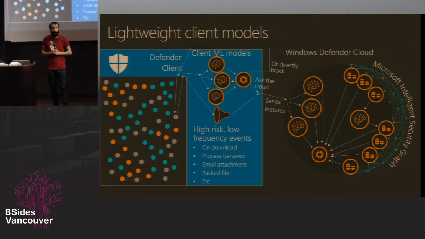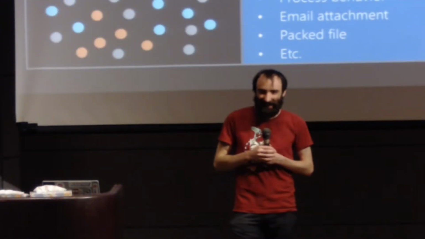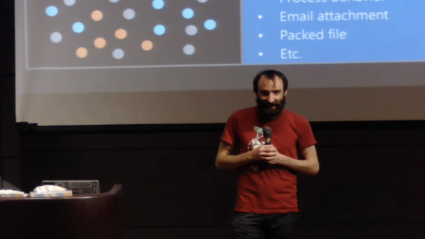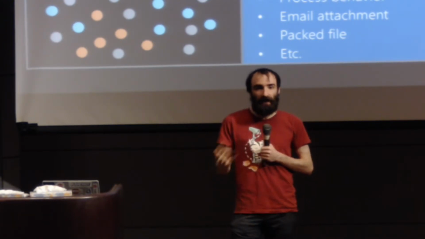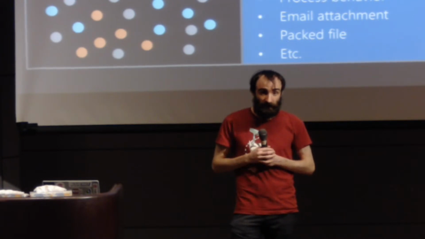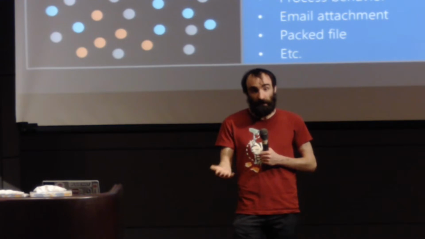Why do you think AMSI is not adopted more widely by the third-party AV vendors? That's a really good question. I think a lot of the AV vendors are trying to compare the value versus the engineering to support the feature. It's more than just adding AMSI integration to your AV product.